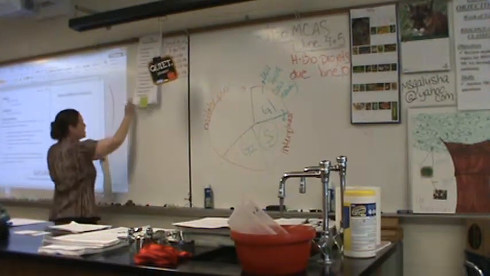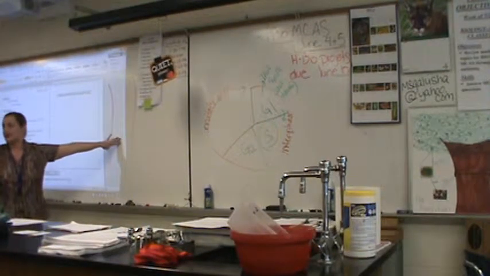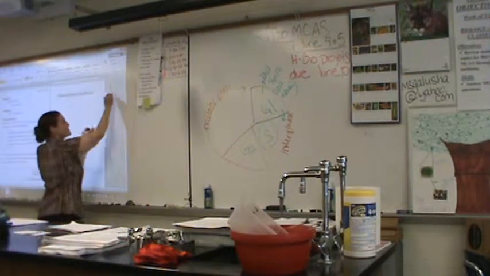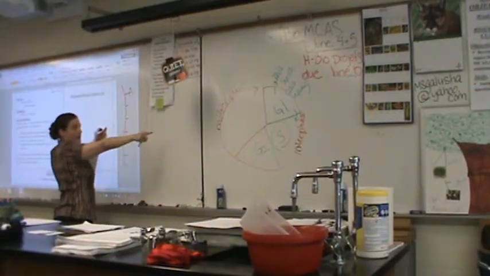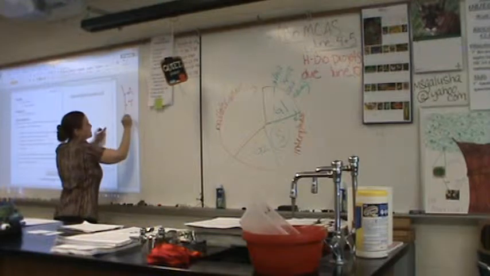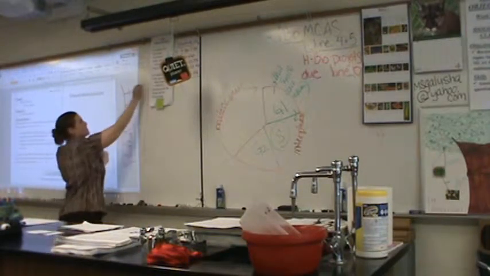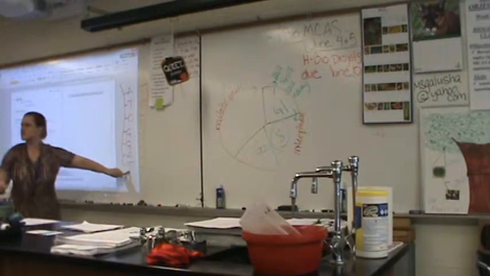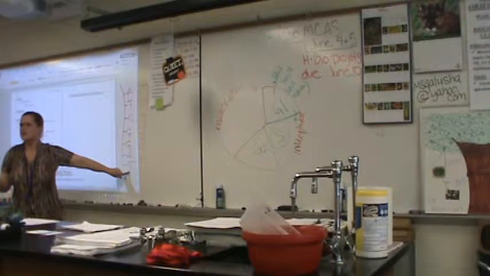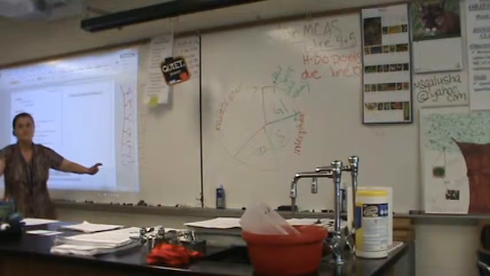Now they are twisted, like a ladder that's twisted, but I'm going to draw them as a flat ladder here. If this is part of your DNA before S phase, T, C, G, G, A, T. What do these letters stand for? The nitrogenous bases.